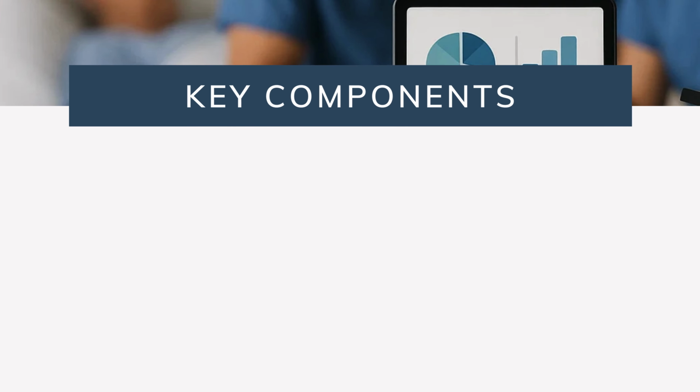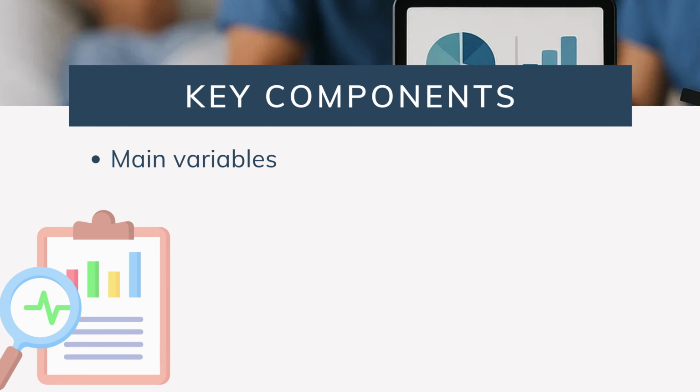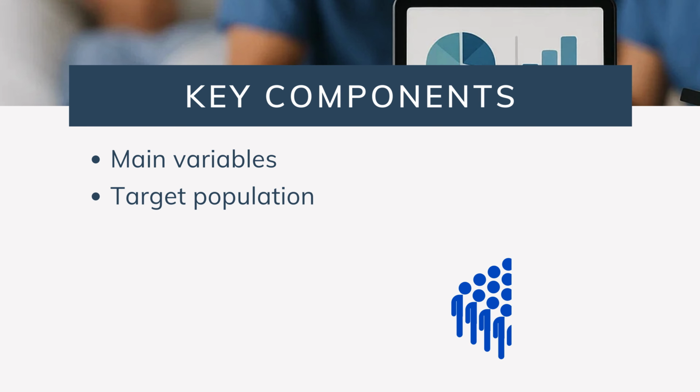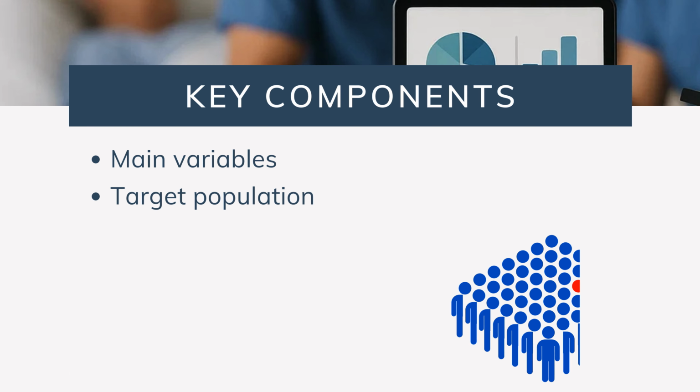Now that we've gone through the purpose of the title, let us summarize the key components that every research title should include. First, the main variables. These are the measurable elements in your study. Second, the target population.